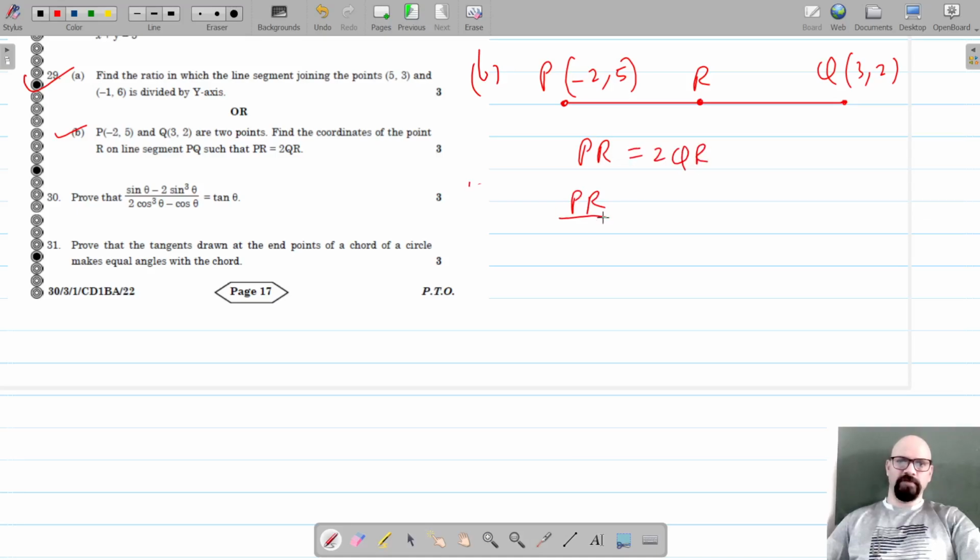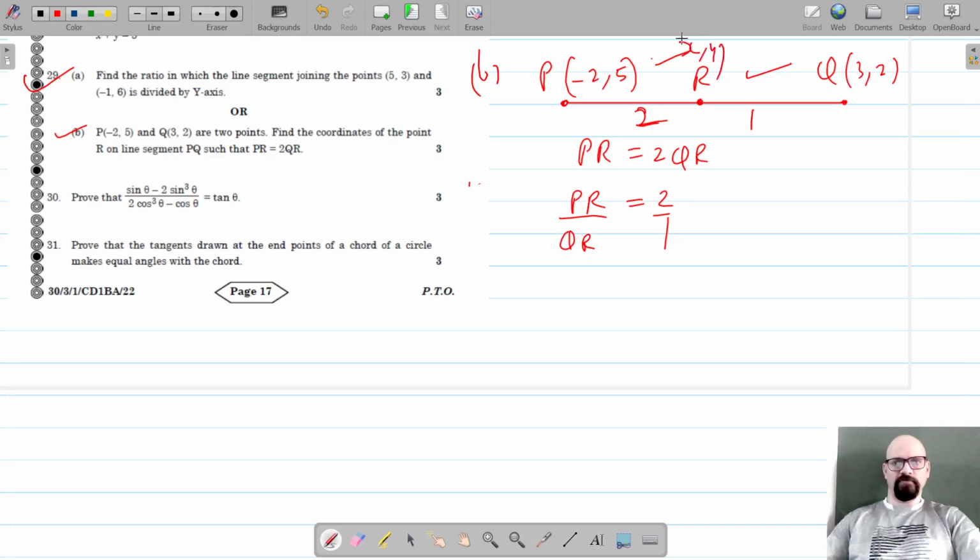So that means PR by QR is equal to 2 by 1. So the ratio is 2 is to 1. And we have to find the coordinates of the point R.